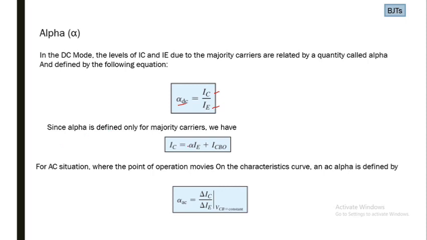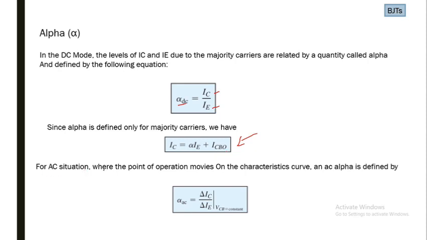Since alpha is defined only for majority carriers, we can write this equation, which was IC equal to IC majority plus IC minority. In terms of alpha, we can write this equation as IC equal to alpha IE plus ICBO, which is the leakage current, or the current due to minority carriers.